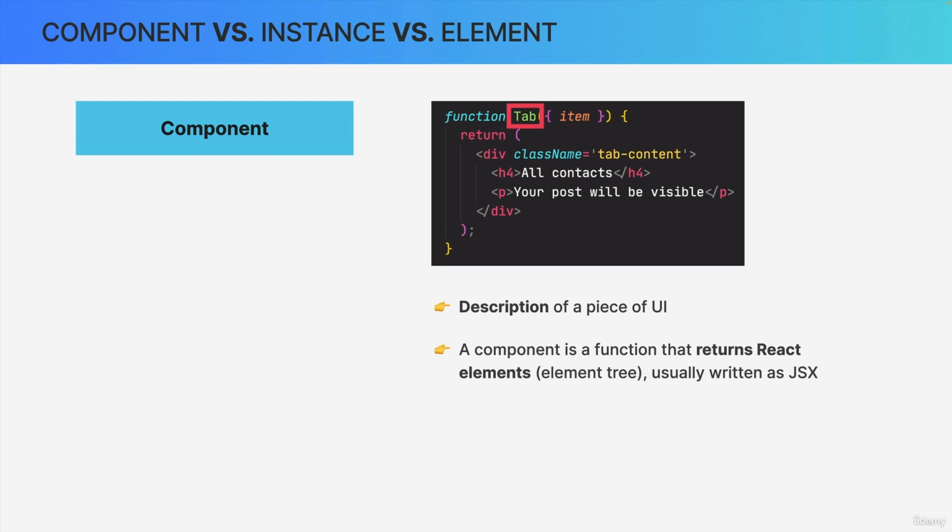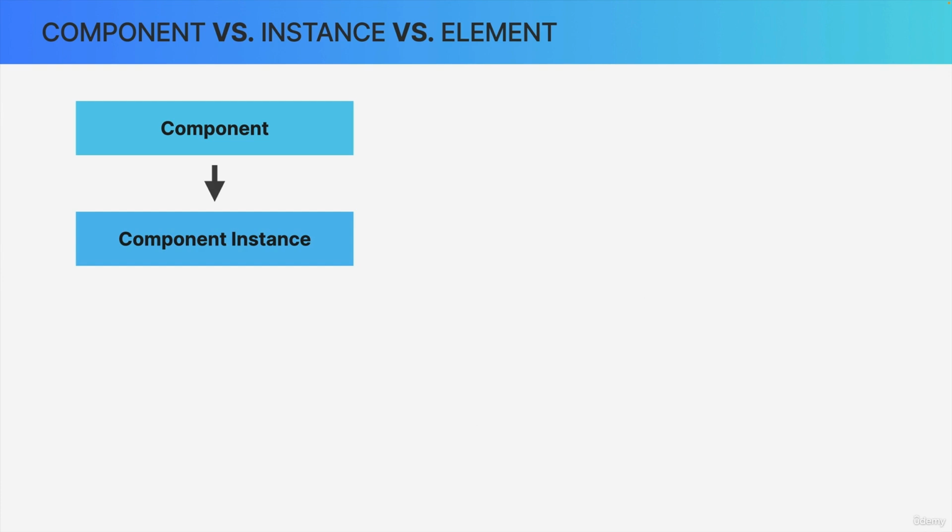And we usually write these elements using the JSX syntax. Now, a component is a generic description of the UI. So we can essentially think of a component as a blueprint or a template. And it's out of this one blueprint or template that React then creates one or multiple component instances.